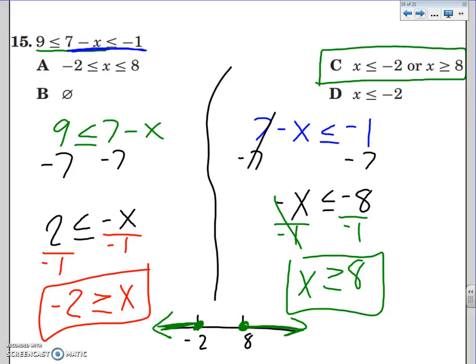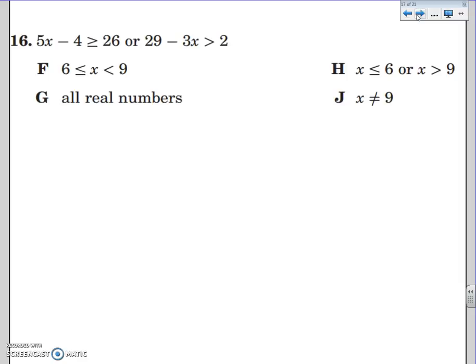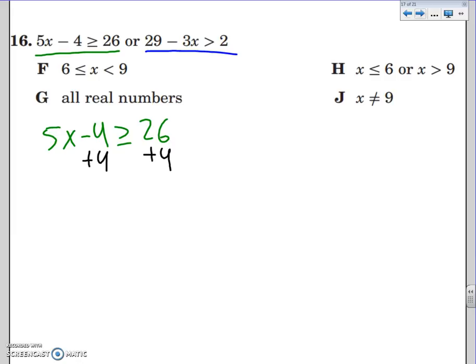So here are my two cases. Alright, they give me an OR statement. Again, it's just two problems. I'm going to do this one first, and then I'll do this one second, just algebra. So, going along with it, it's 4 both sides, 30.